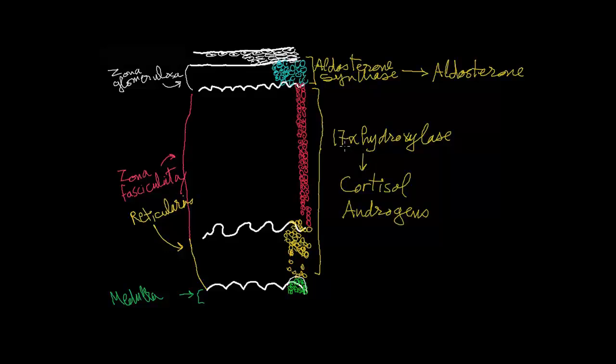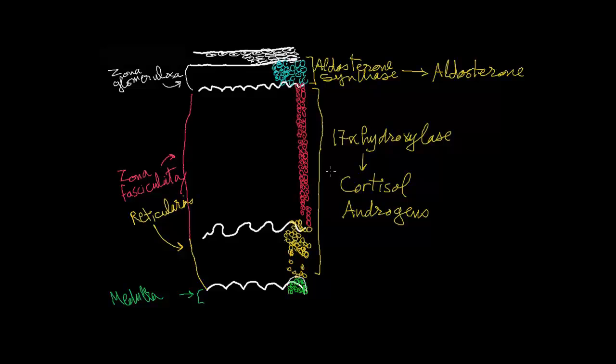So the presence of the enzyme 17-alpha hydroxylase in zona fasciculata reticularis makes it capable of producing cortisol and androgens, while zona glomerulosa is not capable of producing the same hormones because it doesn't contain the enzyme 17-alpha hydroxylase.